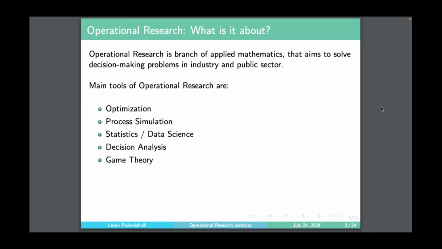So our main directions or main tools are optimization. We might do process simulation, do statistics for getting parameters, primarily for optimization. There are methods of decision analysis and game theory.